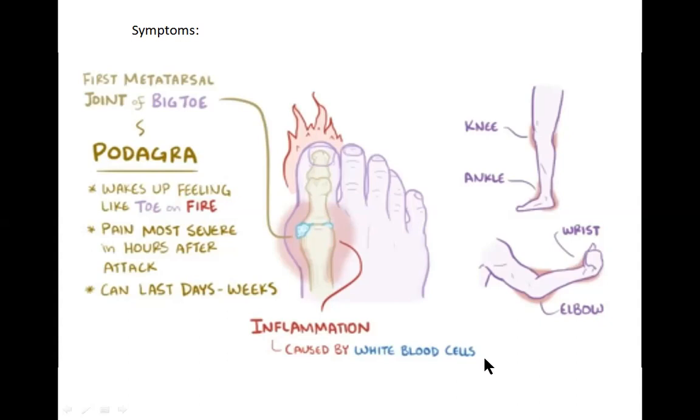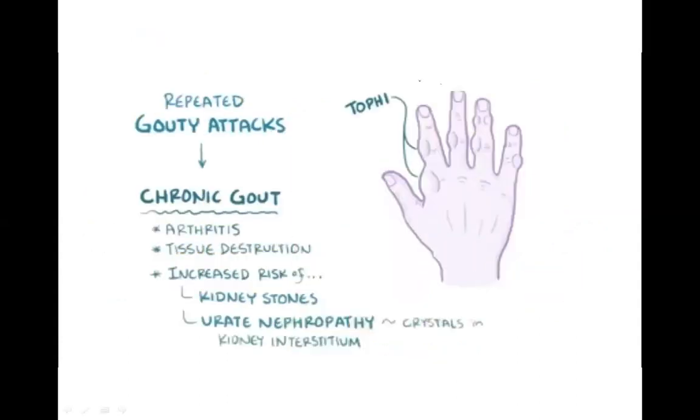This in turn attracts more macrophages or T cells, which release more cytokines, interleukins, or tumor necrosis factors. Then the inflammation continues, and over time, because of repeated gouty attacks, it will lead to chronic gout later.